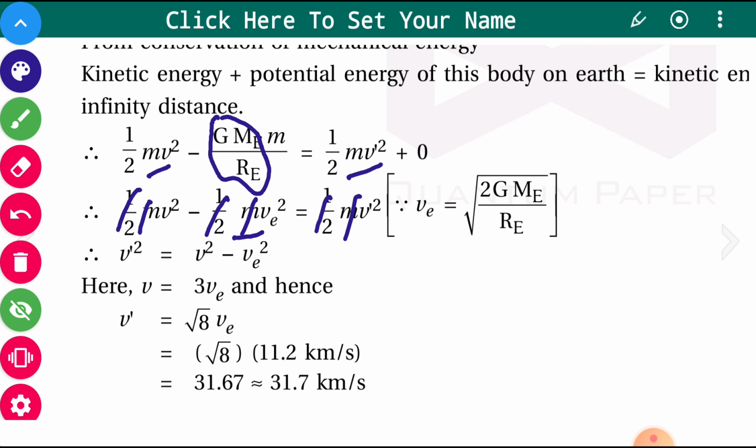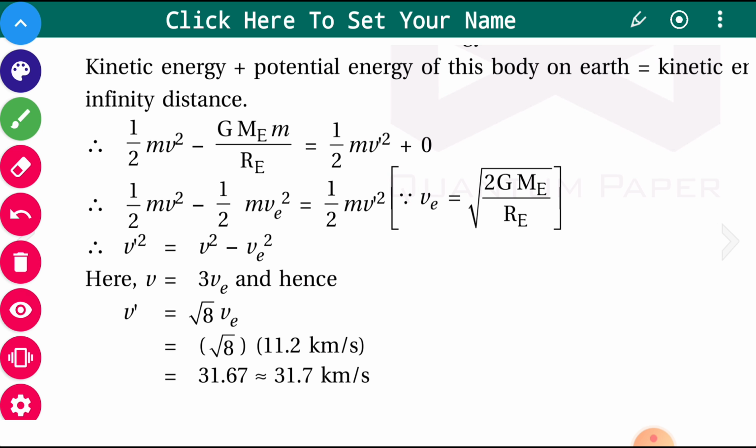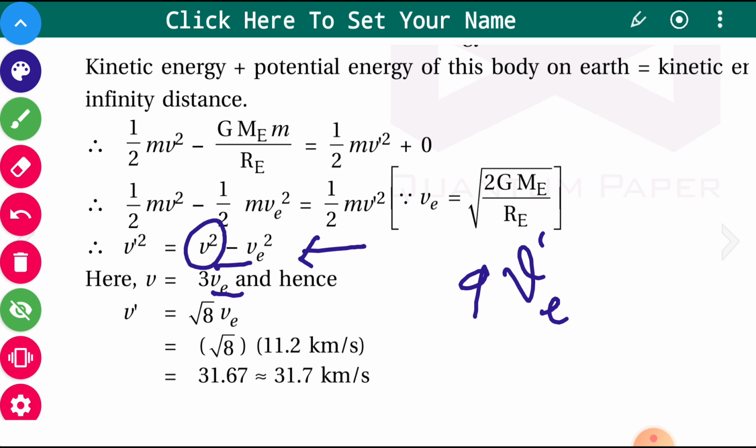So the equation will have this particular format, that is v prime square. If you make a subject of formula, then it is v square minus ve square. Now v is 3 times ve, so instead of v we write 3ve, then it becomes 9ve square minus 1ve square, so it becomes 8ve square, and square root of it will give you under root 8 ve.